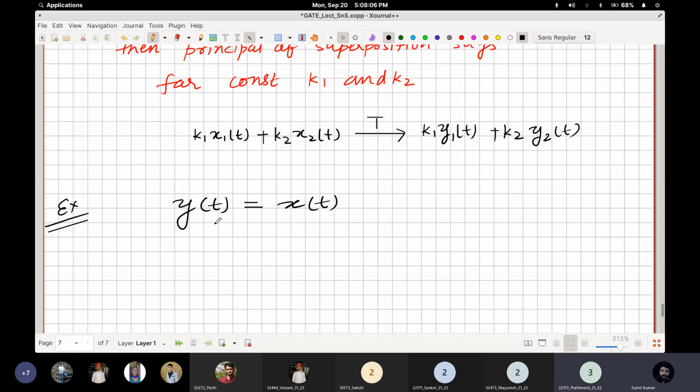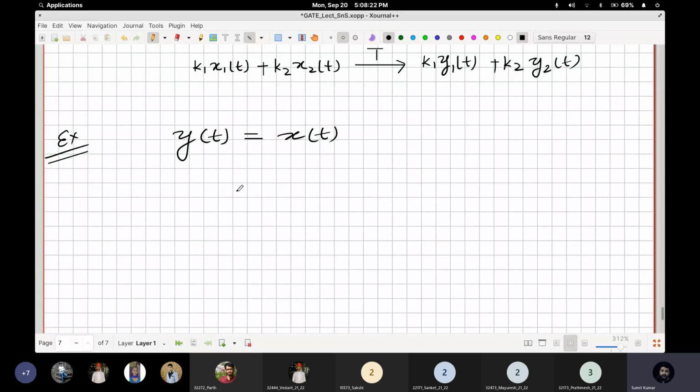Yes, sir, it is a linear system. So it's going to follow both additivity as well as scalability, isn't it? So this is going to be linear.